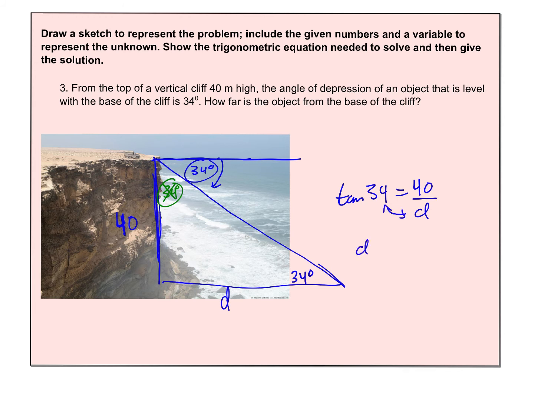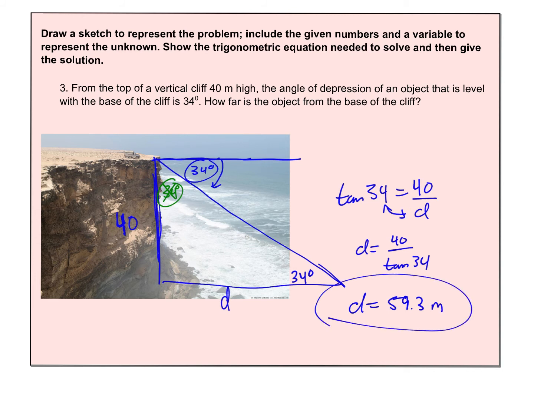They switch places. So that distance becomes simply 59.3. And I can keep it as meters, and that's fine. I don't need to do any converting. Pretty simple. Easy peasy.